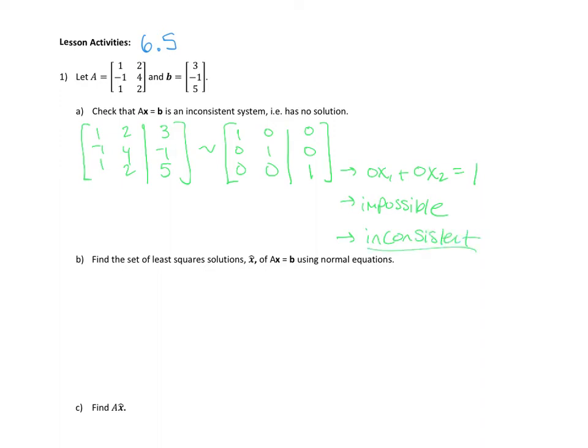Okay, so what this section taught us is that when you have an inconsistent system, there's no solution, but we can find the closest thing possible to a solution.